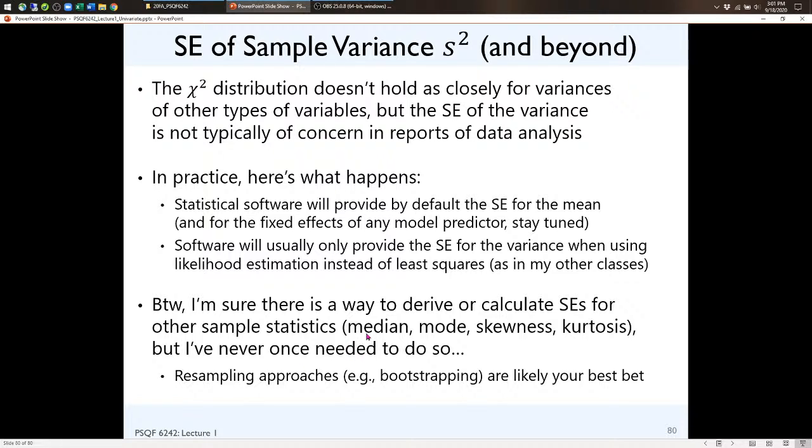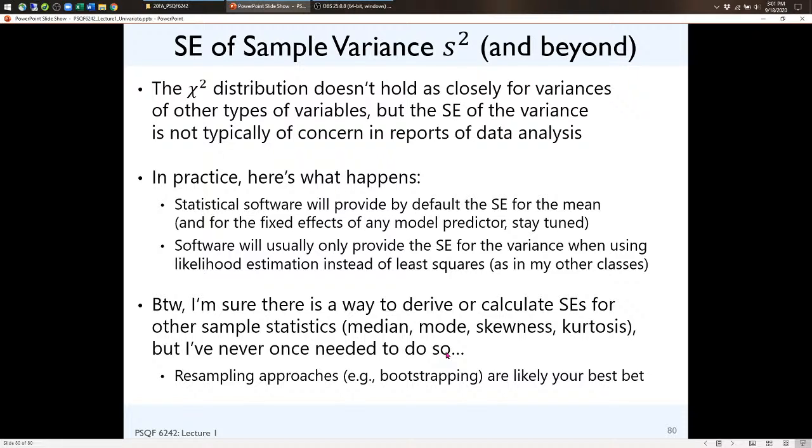And just as an aside, I'm sure there are rules and formulae that I've never heard of that would allow you to calculate standard errors for other sample statistics that we talked about, such as the median or the mode for measures of central tendency, and skewness and kurtosis for measures of asymmetry and flatness, respectively. But again, I've never once needed to do so.